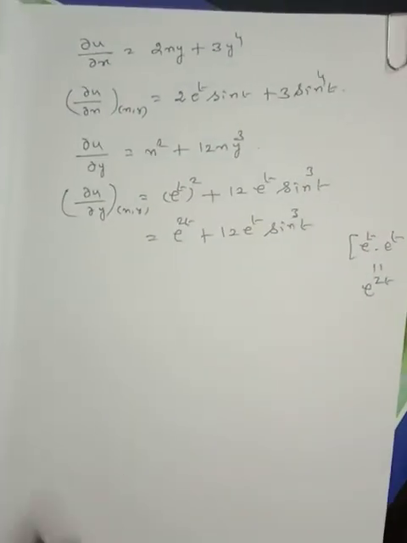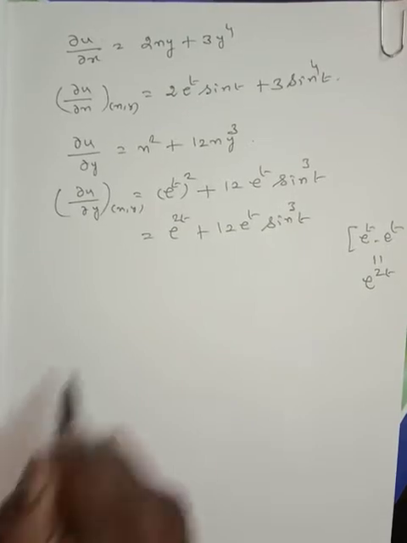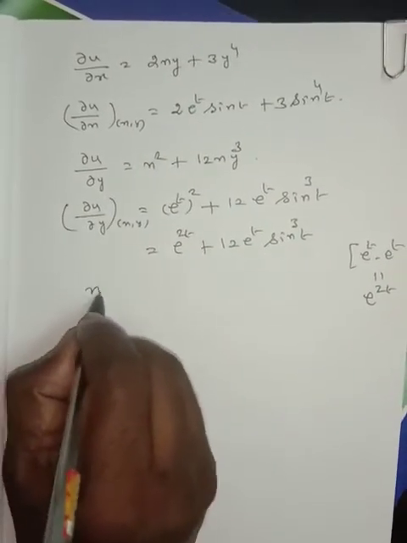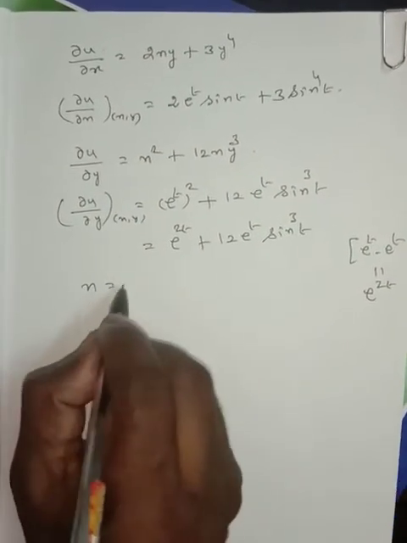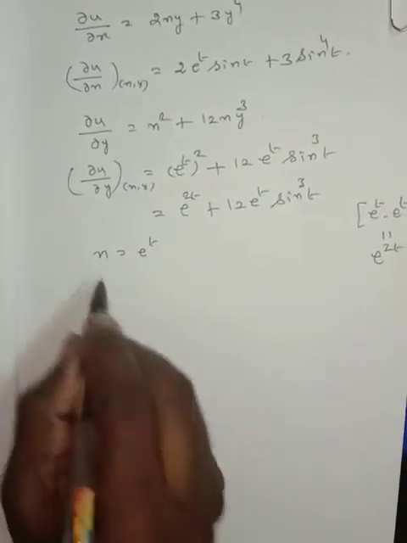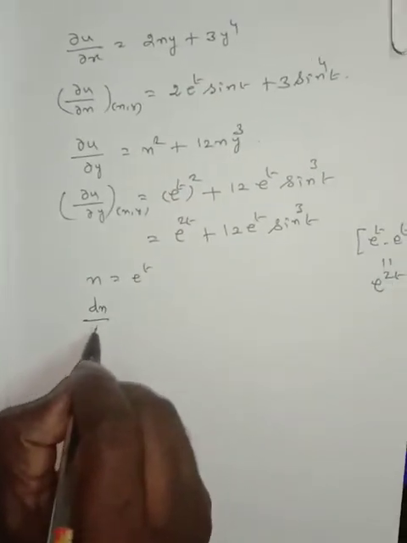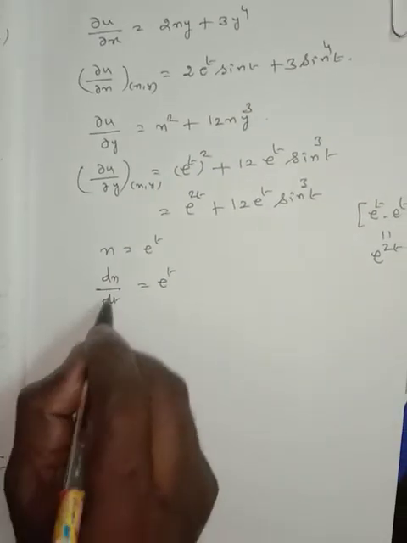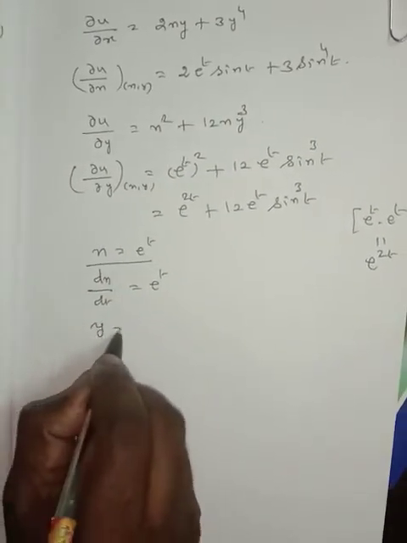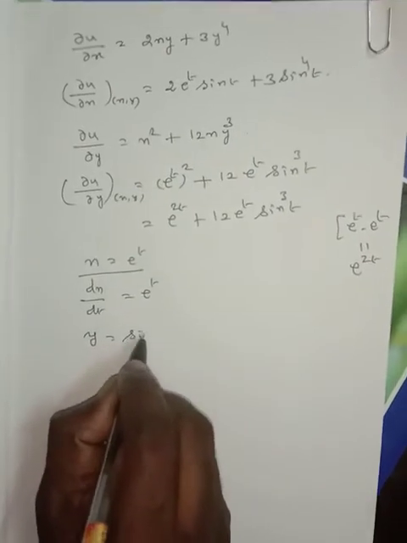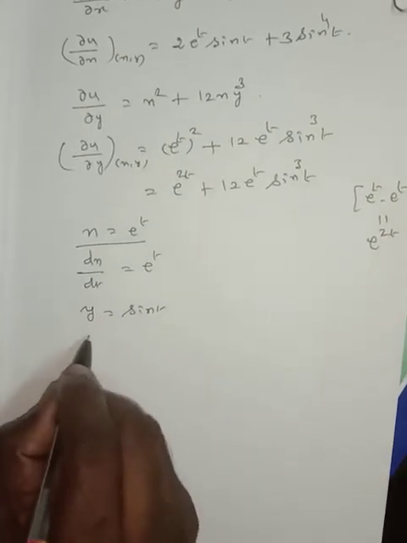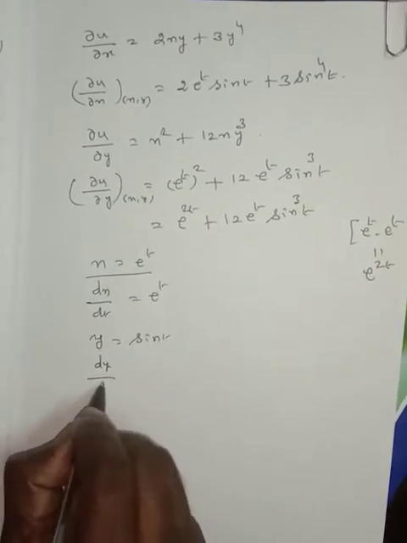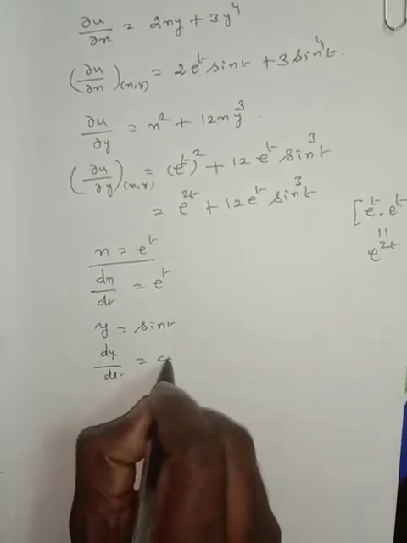Next dx by dt: x is equal to e to the power of t, so dx by dt is again e to the power of t. y is equal to sin t, so dy by dt is cos t.